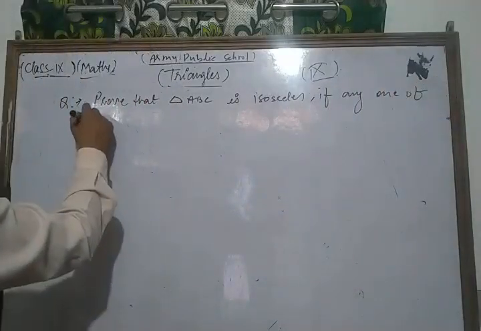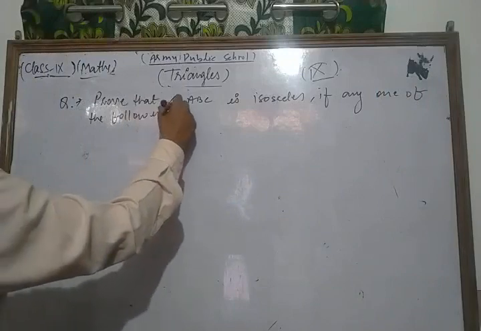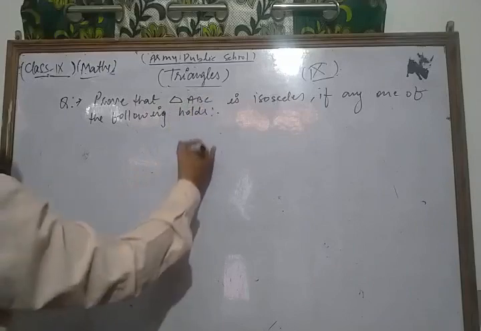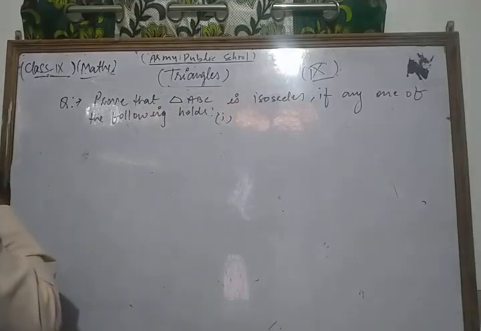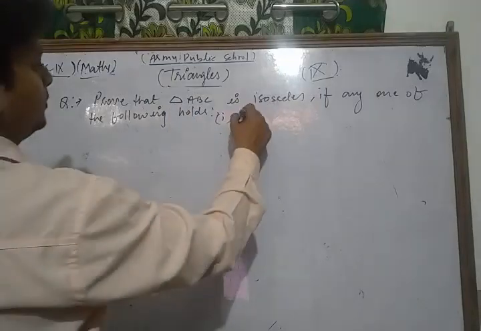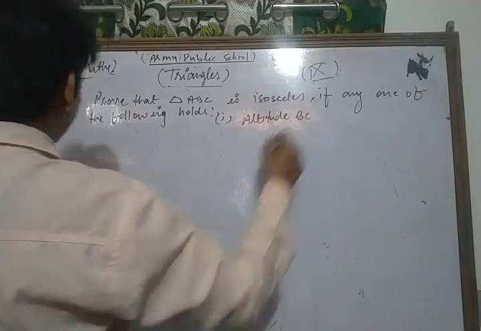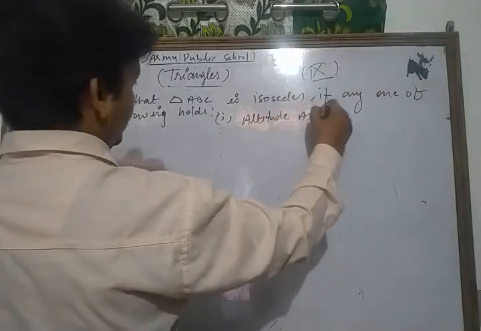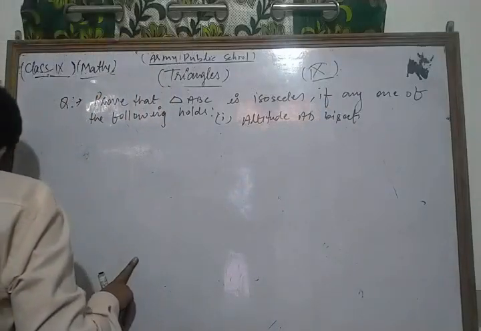First part of that question is: altitude AD bisects BC.